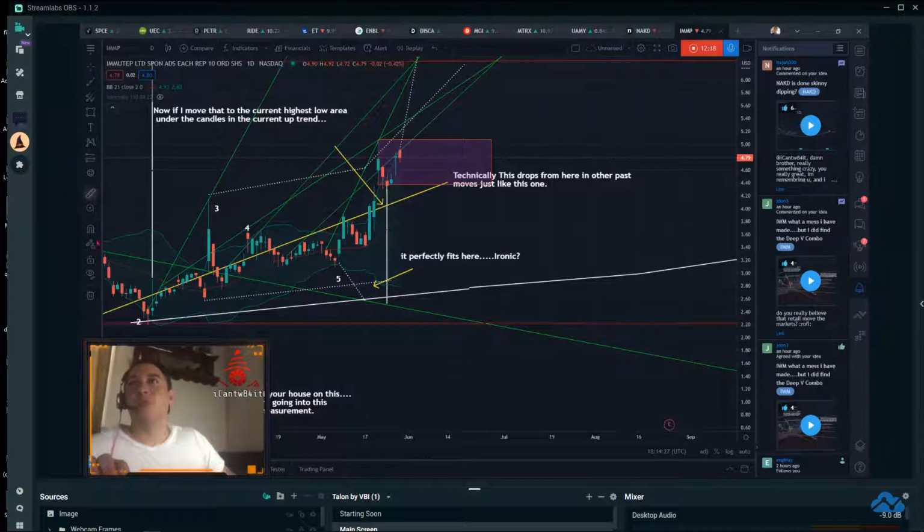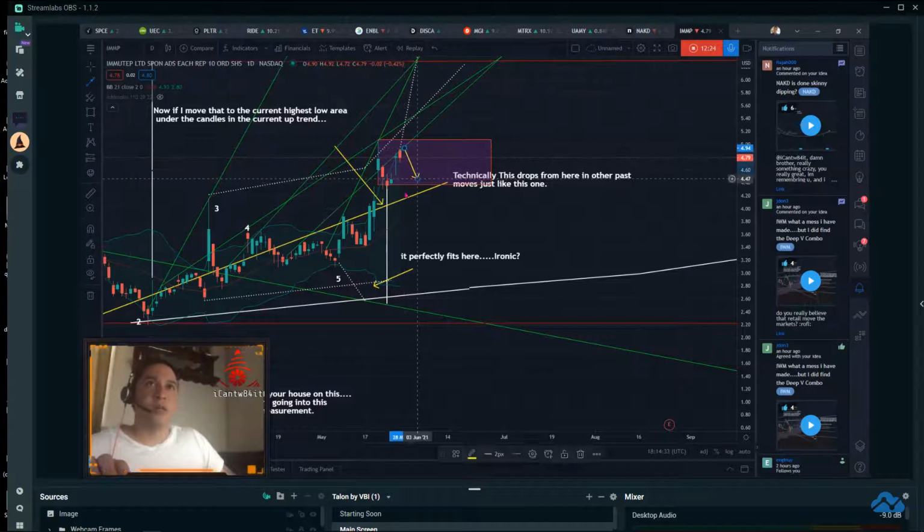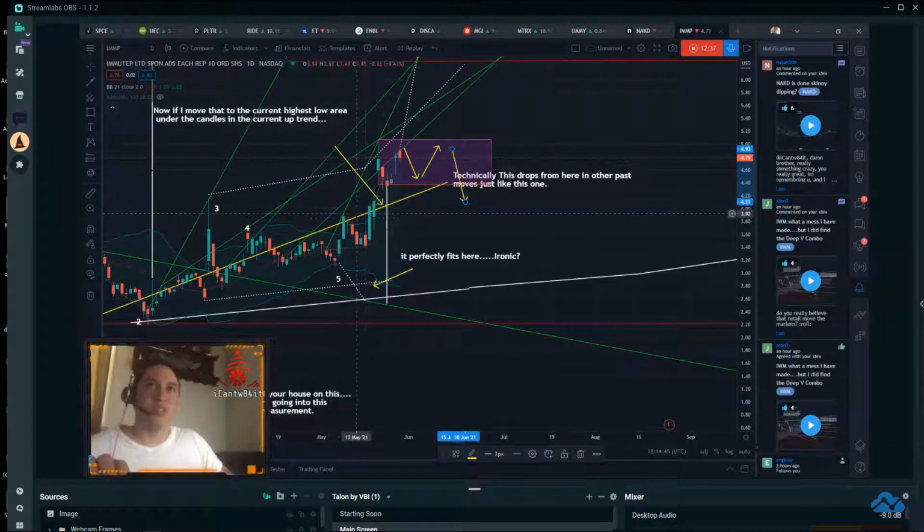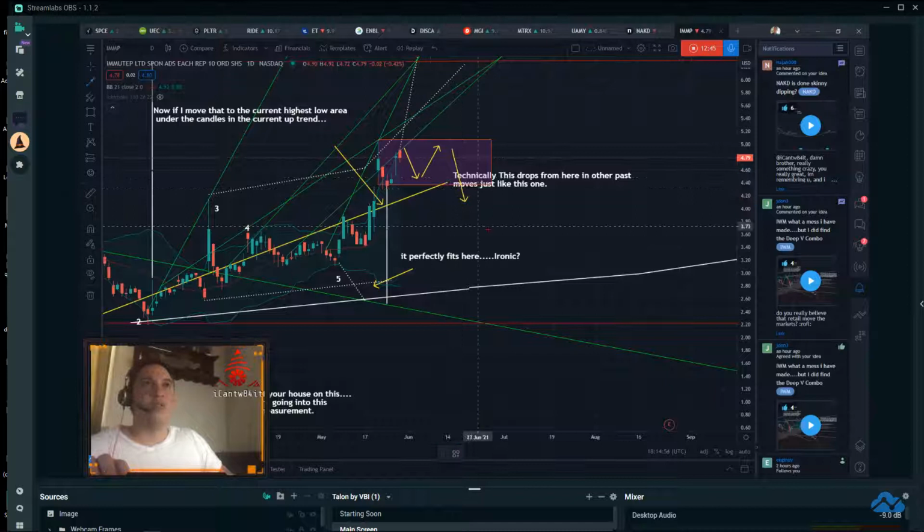So it'll do this move where it does this. You're going to consolidate, and then it's going to come down and drop out of the box to the last point of structure, which is basically the final dip into liquidity before bouncing out and going for a new high.